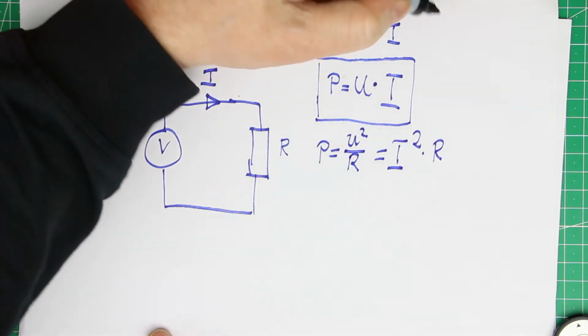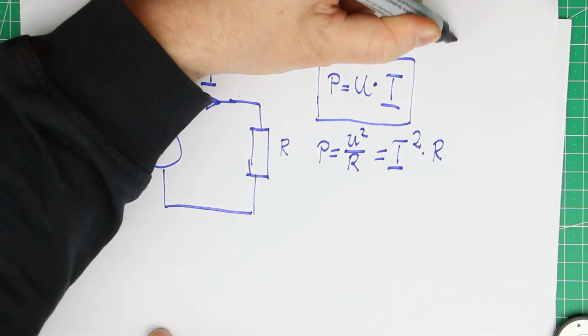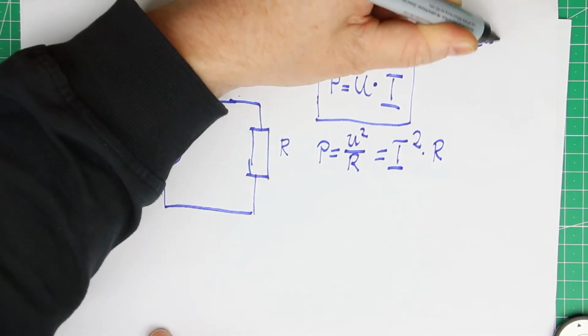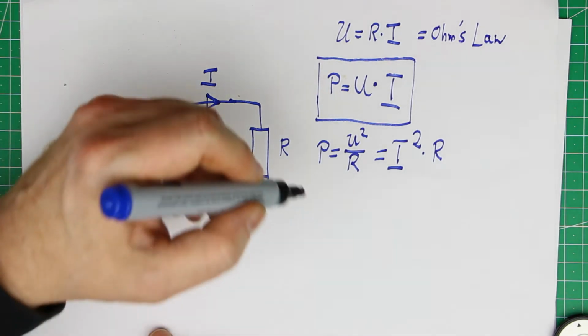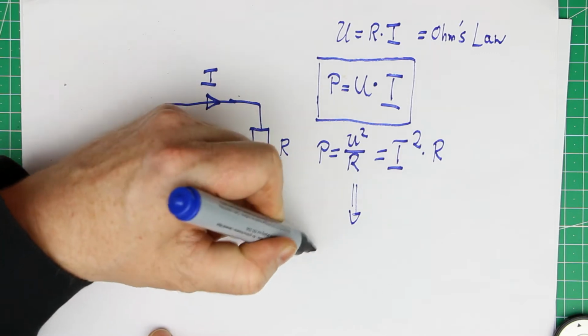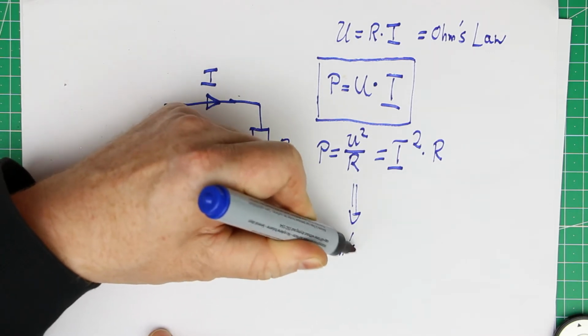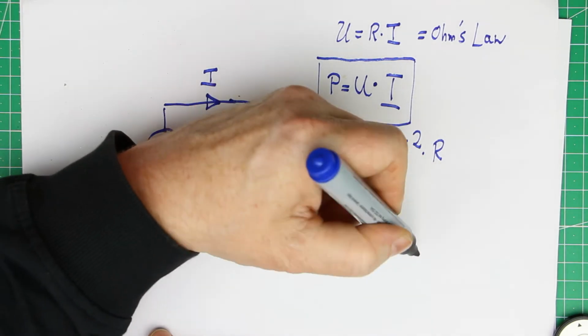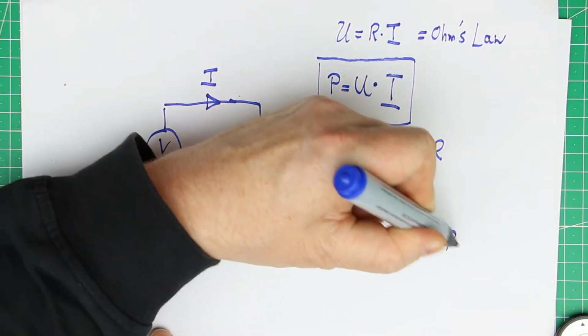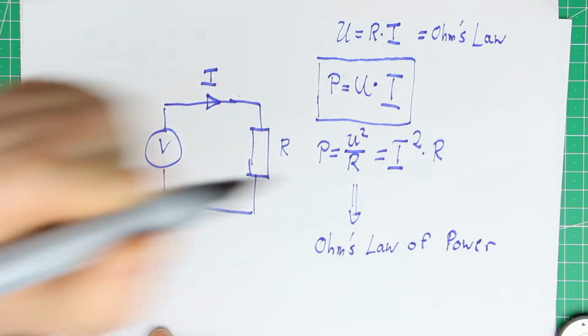And this is Ohm's law. You all know that because it's the first thing that you learn in electronics. And I call this one here Ohm's law of power. I think that's my own creation, but I'm probably not the first one to call it that way.